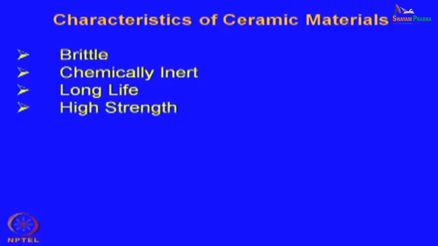In addition, they have very high strength. Of course, when you talk about strength, we have to define what kind of strength it is. Ceramics are very strong when a compressive load is applied. However, if you apply a bending load or a tensile load, they are quite weak.